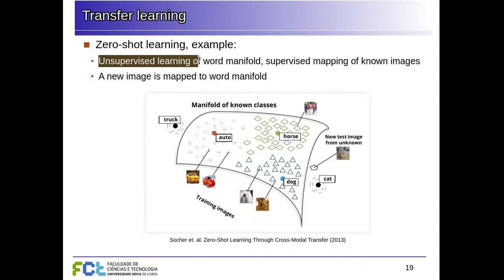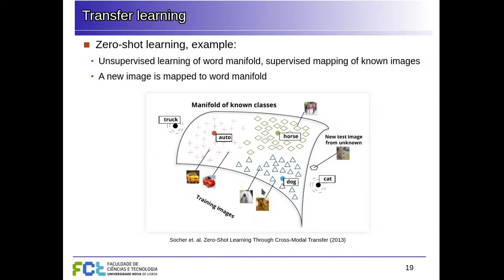There was first unsupervised learning of the manifold of words. So we have here a manifold projection of many different words, using unsupervised learning, just looking at the structure of the words. This can be done by looking at what words go together in similar contexts, the neighboring words and so on, and we use that to map words into a dense representation that represents this hypersurface.